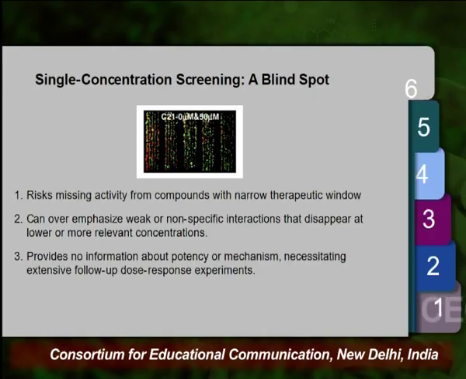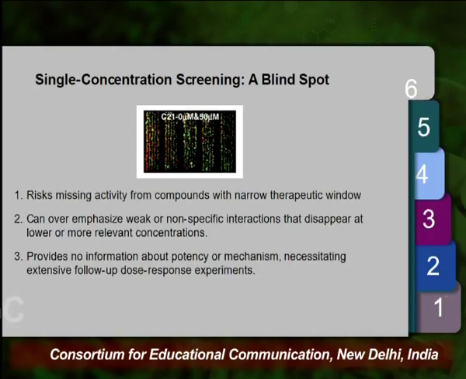Whereas in the case of natural extracts or fractions, since so many compounds are present in the extract or fraction, evaluating it at a single concentration may lead to the loss of compounds which have a very narrow therapeutic concentration window.